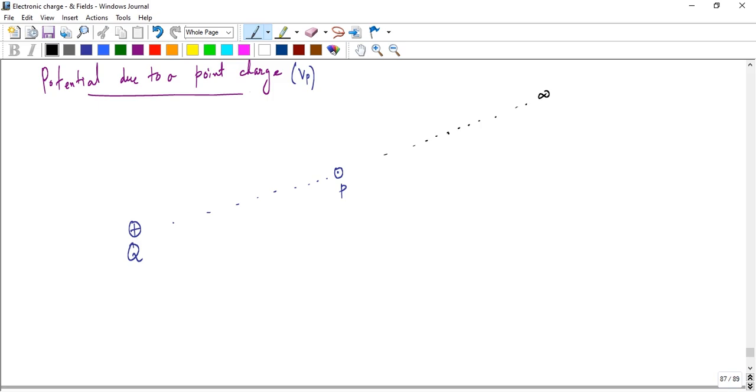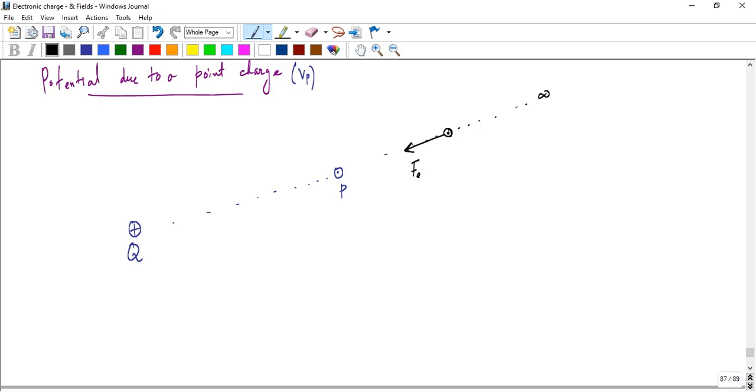So we choose an arbitrary point here. Bring it from infinity to point P. So here that is the work done by the external force actually.